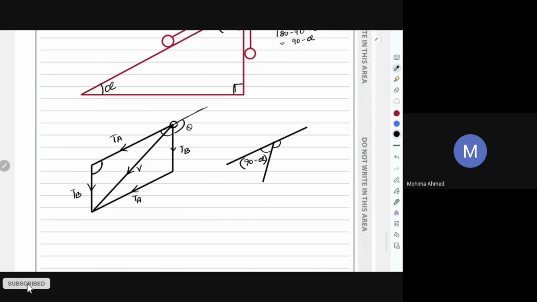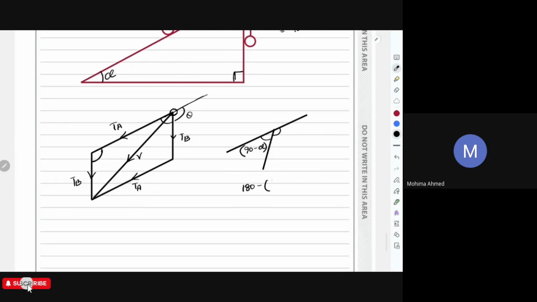That theta is going to be 180 minus the first part. Over here, the sum of a straight line is divided into two angles, right? One is theta, one is 90 minus alpha. So we have 180 minus 90 minus alpha, which is 90 plus alpha. Is this clear? Yes, teacher. So this angle is going to be 90 plus alpha.